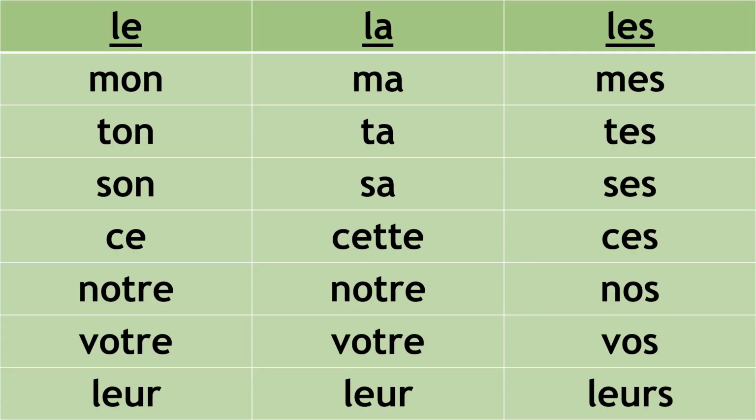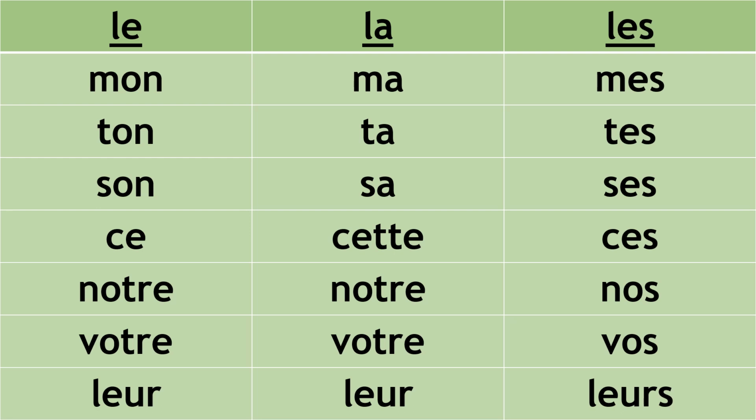As you may have noticed in some of the examples that we just looked at, the articles le, la, and les will not always be there to indicate that a direct object is masculine singular, feminine singular, or plural. In these cases, you would have to rely on other adjectives that you might see in their places.